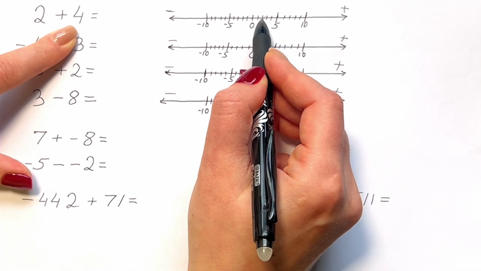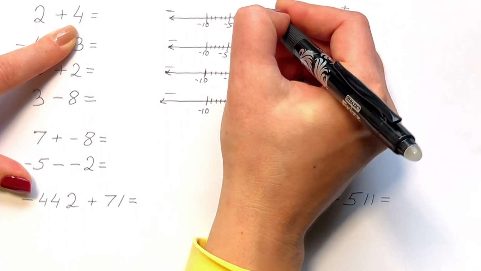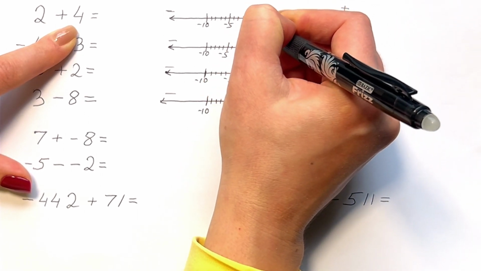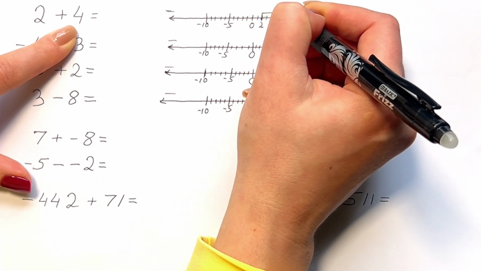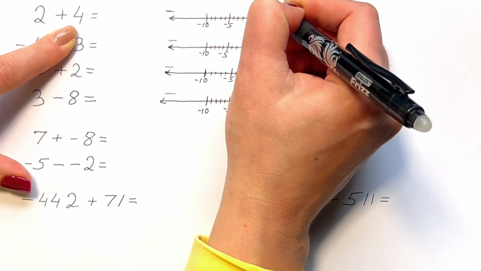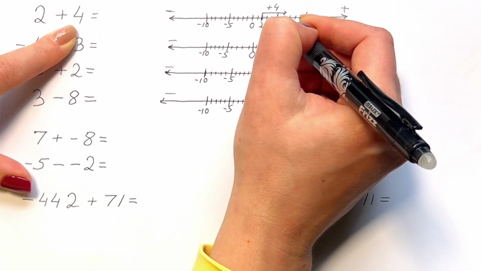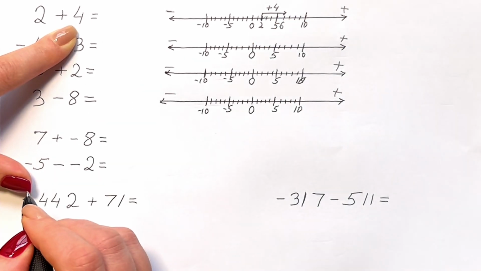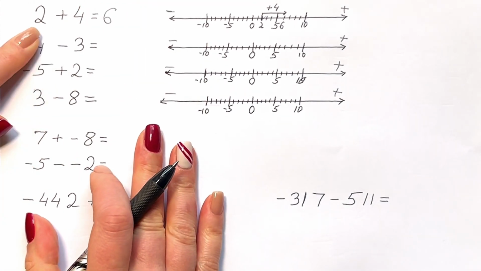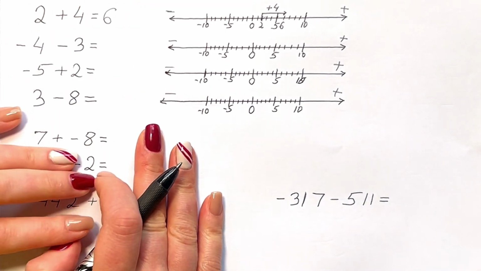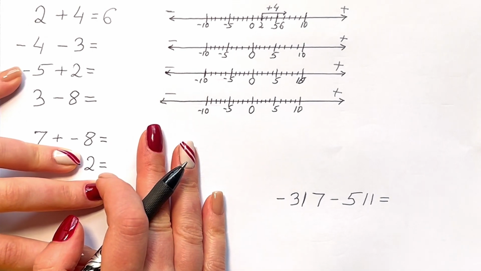So we start from the 2 and we went 4 digits to the right and the answer will be 6. Okay, you already know. Positive, positive, we are combining and getting a positive answer.